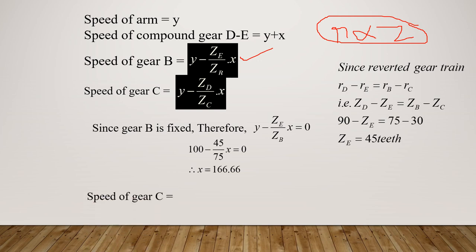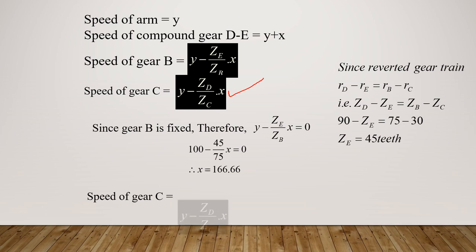Now what is asked in the question is to calculate the speed of gear C. So for gear C you have to solve the equation you received for gear C from the table. If they ask the speed of gear D and E, you have to solve the other equation. Now they have asked for the speed of gear C, so solve this equation, y minus ZD by ZC into x.